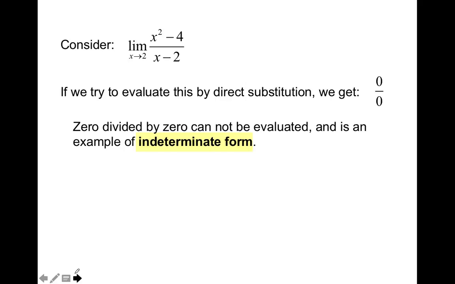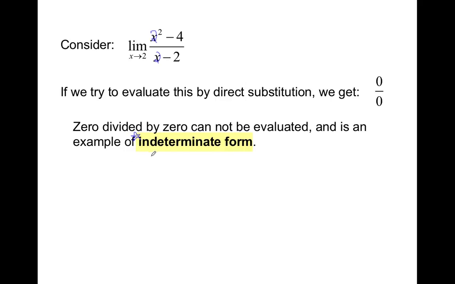The important thing, though, is now we have to consider not just the denominator being 0. It's important to know that we also get 0 in the numerator, right? If you plug 2 in here and here, we don't just get division by 0, we get 0 over 0. You need to know this vocabulary.